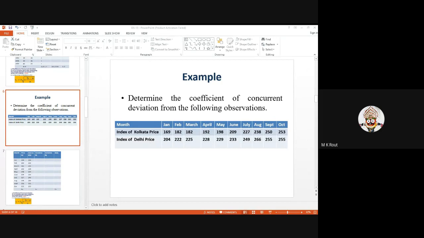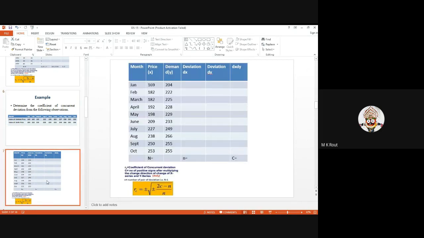Okay, moving to the next slide. For your convenience, I have written it like this. The months given are January, February, March, April, May, June, July, August, September, and October.